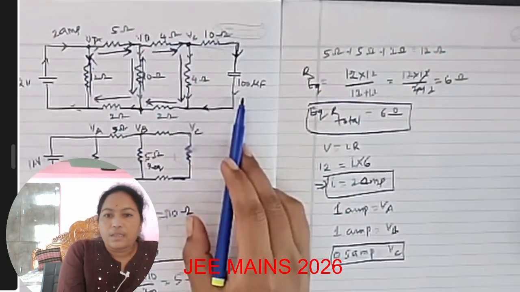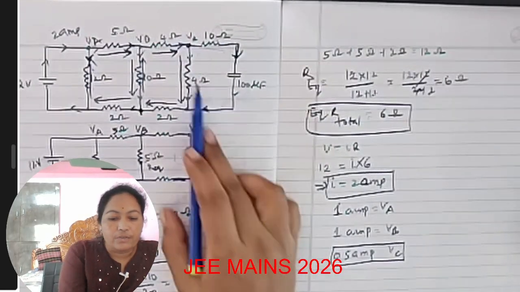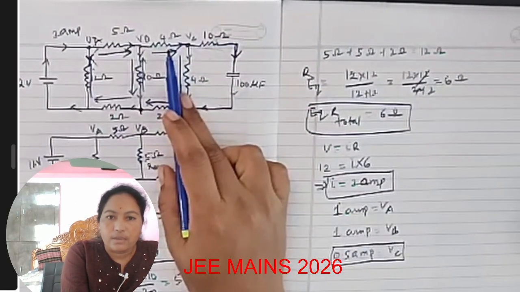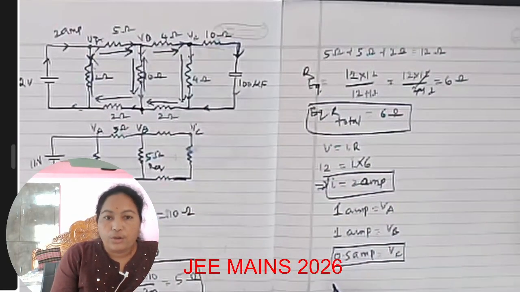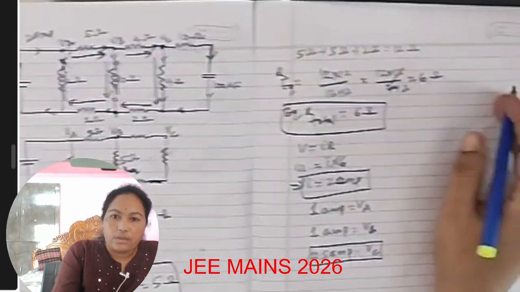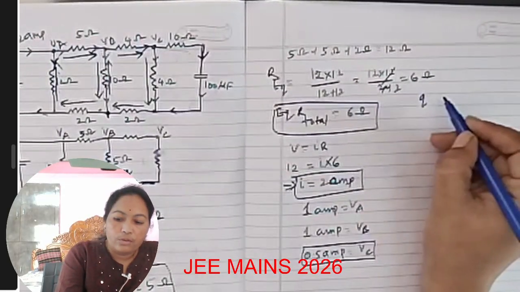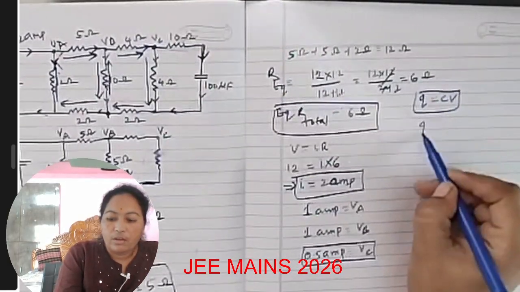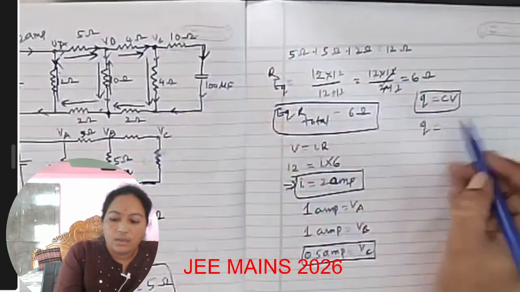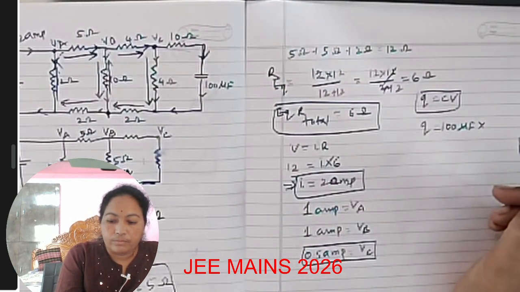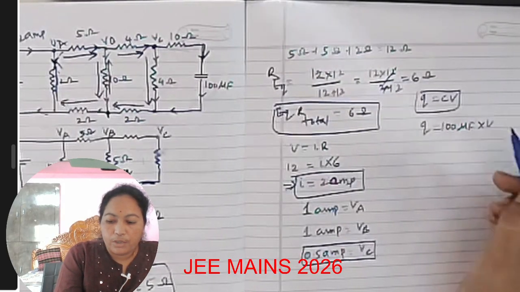Now, this capacitor is in parallel connection with this 4 ohm resistor. To know the charge stored in the capacitor, what is the formula? Q equals CV. Q equals C, which is given as 100 microfarads, into V, which should be found now.